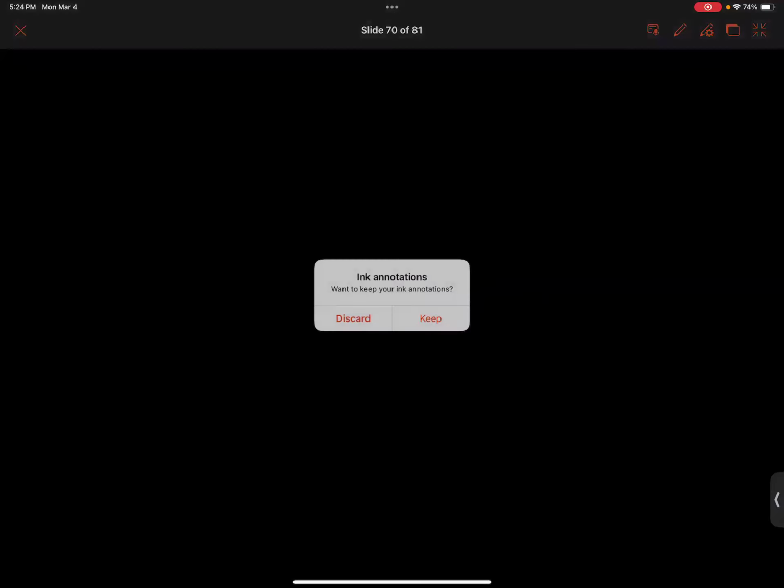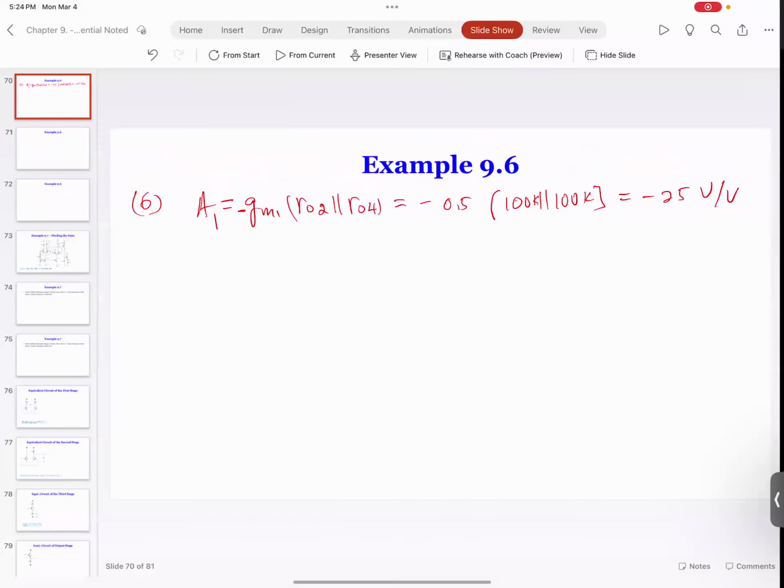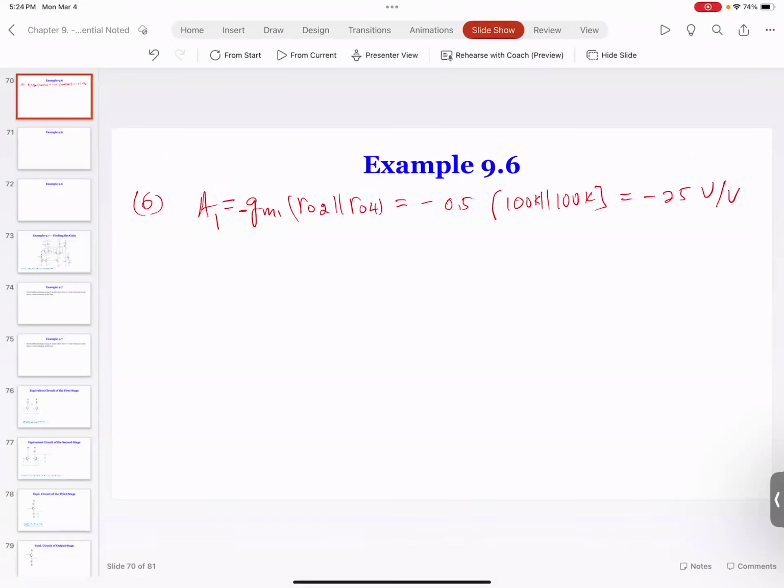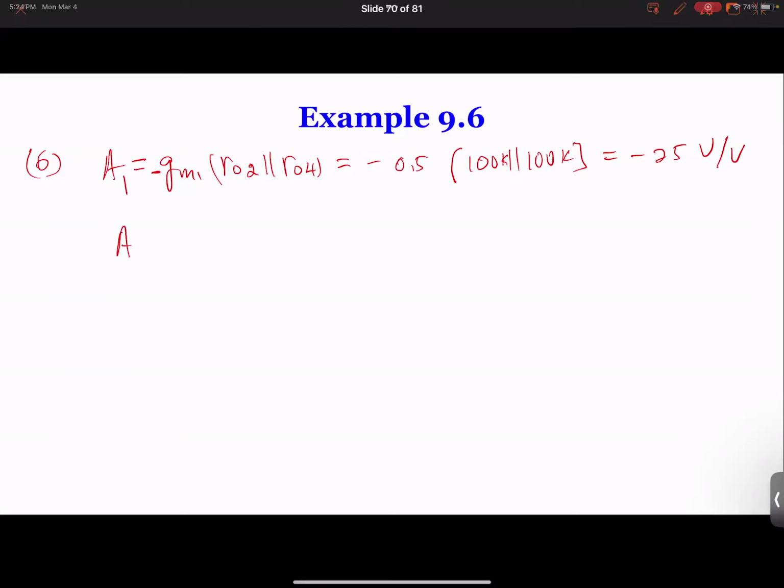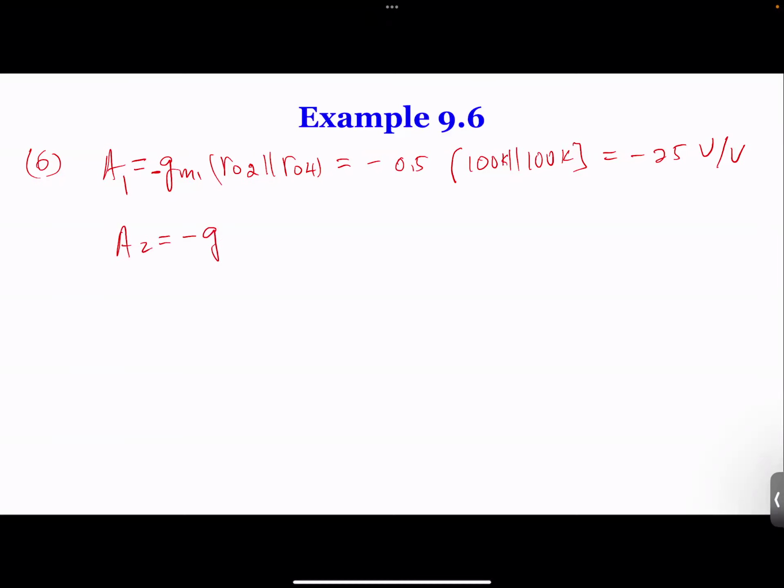And A2 is going to be minus gm of the second stage. The second stage is Q6, so it's going to be gm6 times RO6 in parallel with RO7. RO7 is the load.